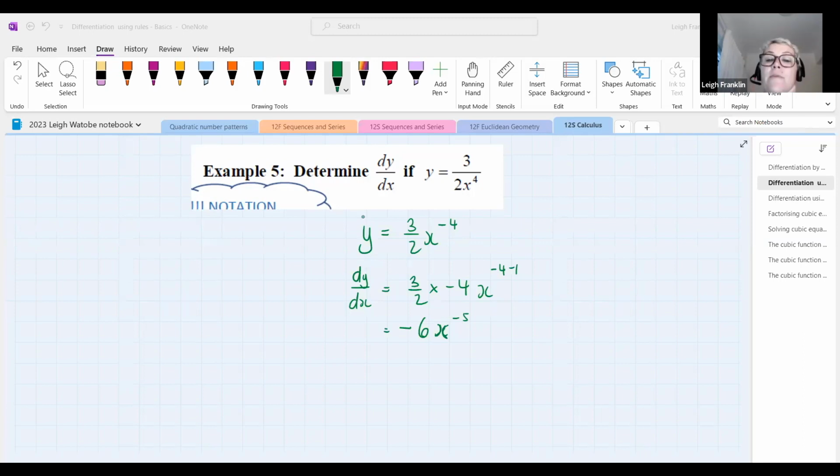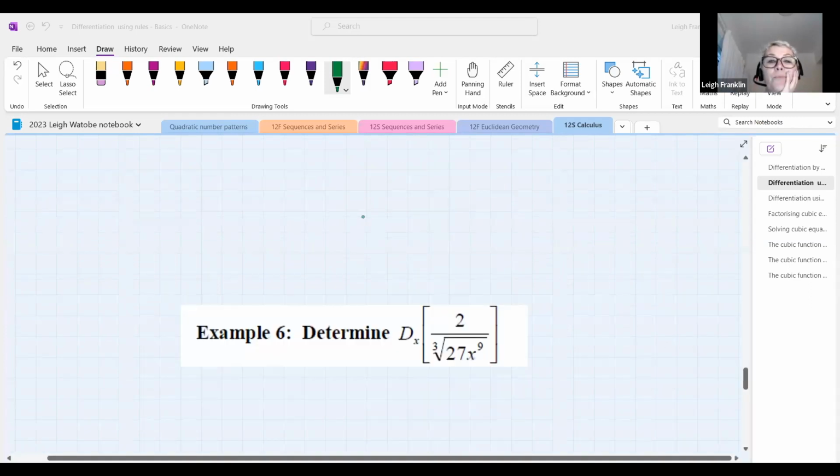Now you are deriving by multiplying the exponent with the coefficient and then taking 1 away from the exponent. That's how we end up with -6x to the power of -5. All right, well done, everybody.